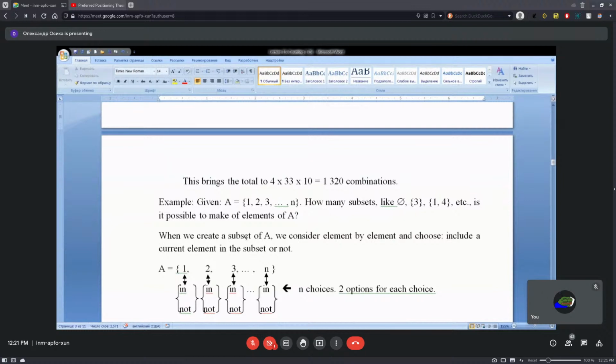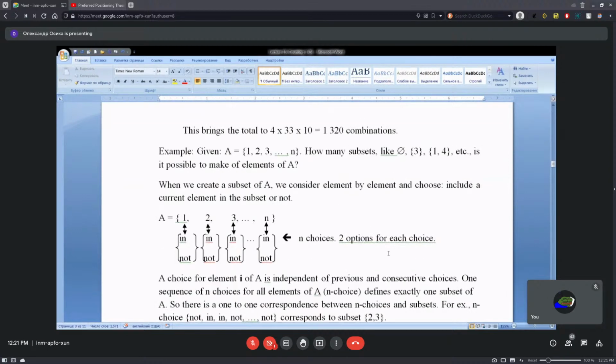When we create a subset of A, we consider element by element, and choose to include the current element in the subset or not. Like that. Set 1, 2, 3, n, and we decide: in, not in, one of the two.